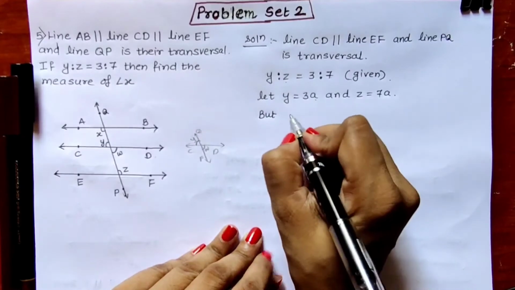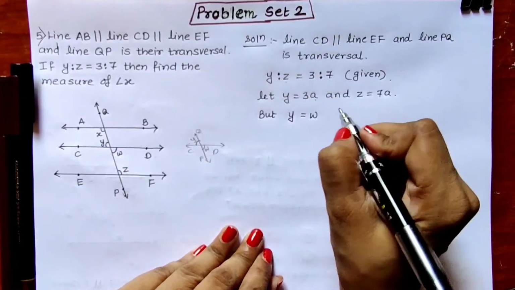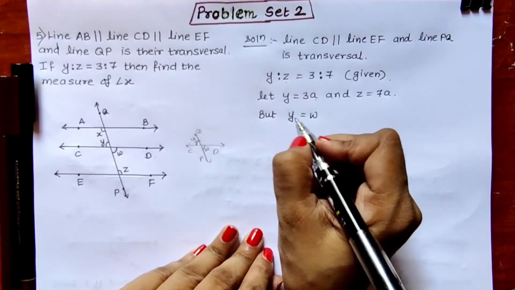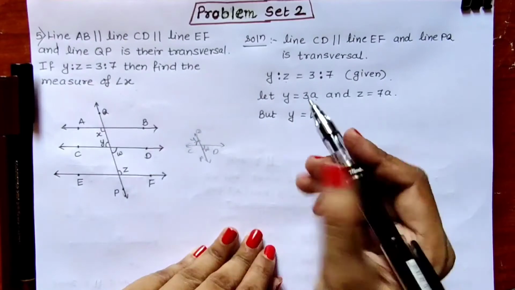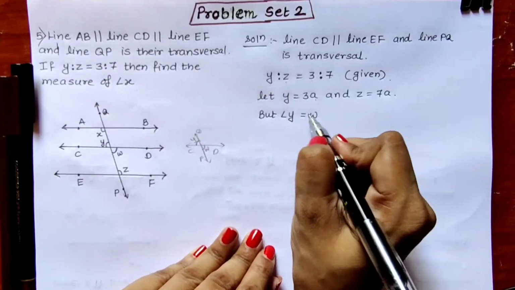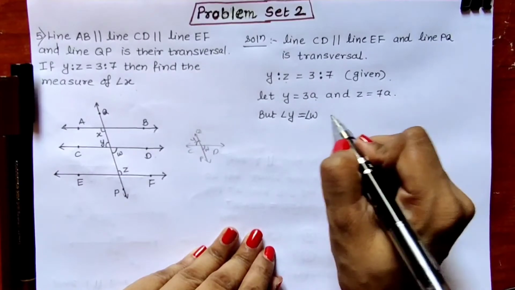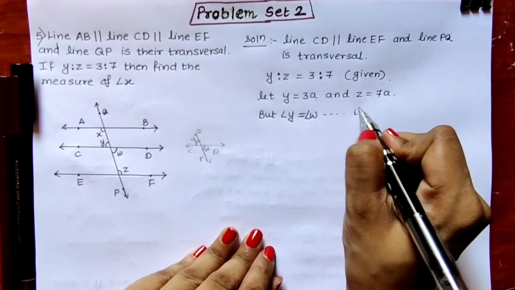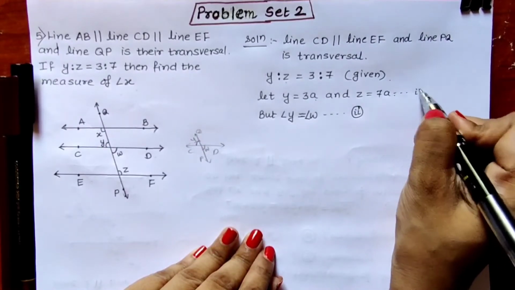Angle Y is equal to angle W. Or if you want you can write the angle symbol also, but here the angles Y and W are given, so let us write angle W. Angle Y and W are equal, because the reason is, first I will be writing here 2, this is 1.